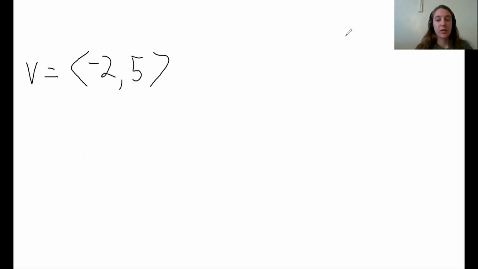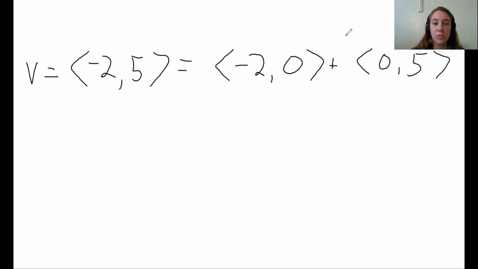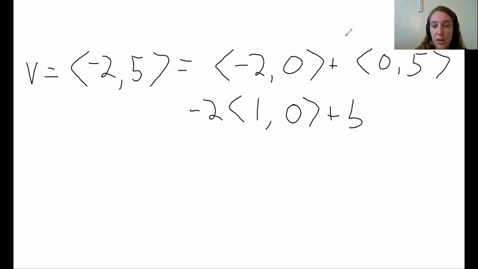I can split this vector into two different parts by saying that this is the vector -2, 0 plus the vector 0, 5. When you do that, you can then factor out your terms. Here I'm going to factor out the -2, leaving a 1 and a 0, plus factor out a 5 here, leaving a 0, 1.